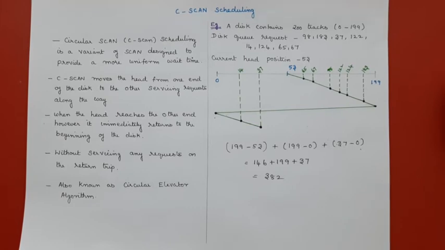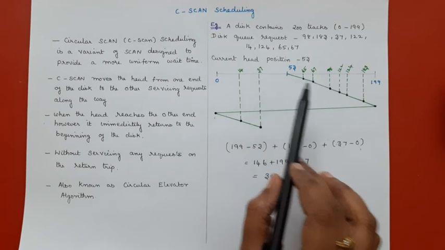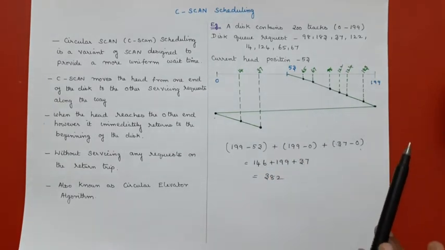Once this is done, my main aim is to find out the total head movement once again. Here also you can use the previous way of calculating, or else the shortcut way is this. First, from 53 it is moving to that end, that is 199.